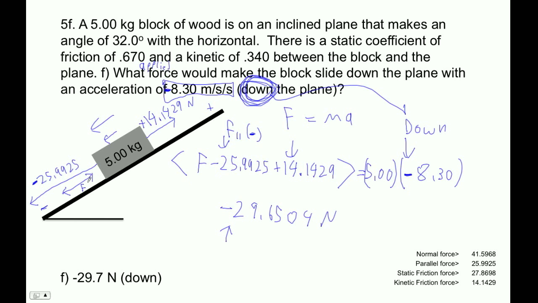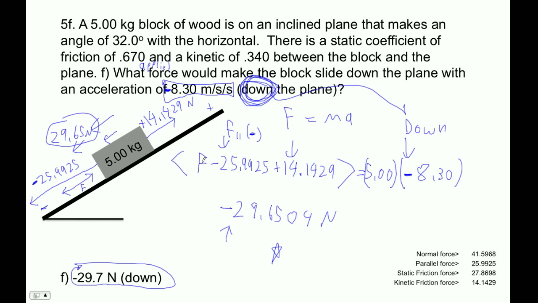That minus means that force is going to definitely be down the plane. So negative 29.7, I would have to agree with that, down the plane. It's in parentheses to avoid the ambiguity of whether we mean negative down. Anyway, there we have it. So here's your F equals ma thing.